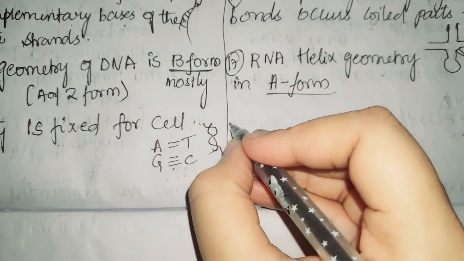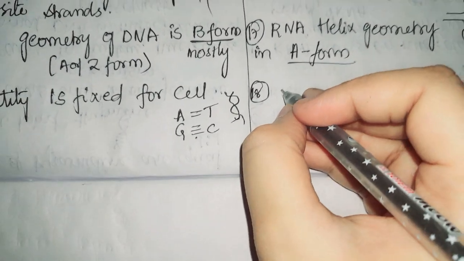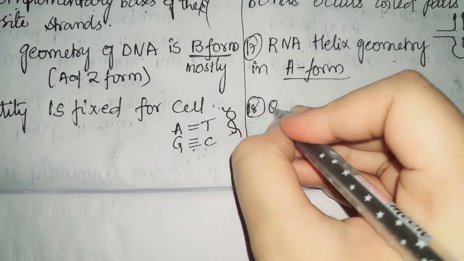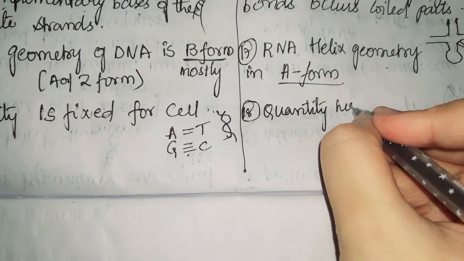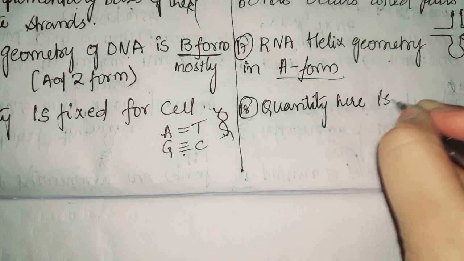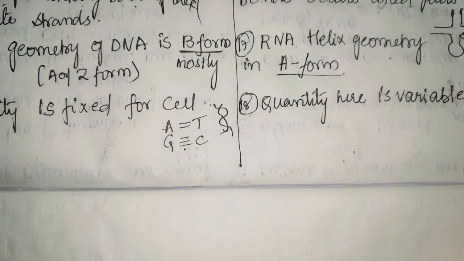But in RNA, at some points it is single stranded and at some points it is double stranded, so no quantity is fixed. The quantity here is variable.